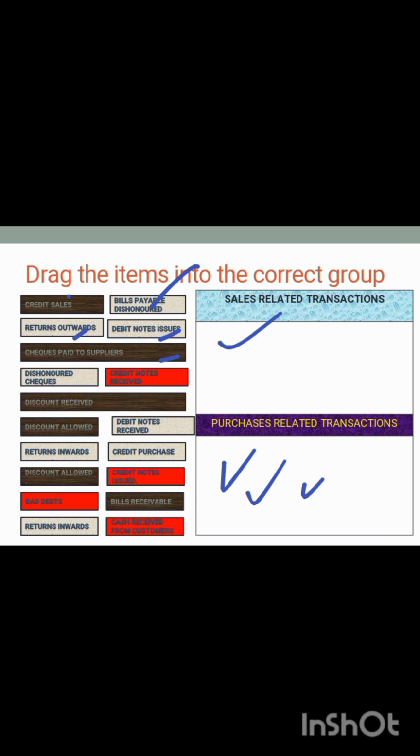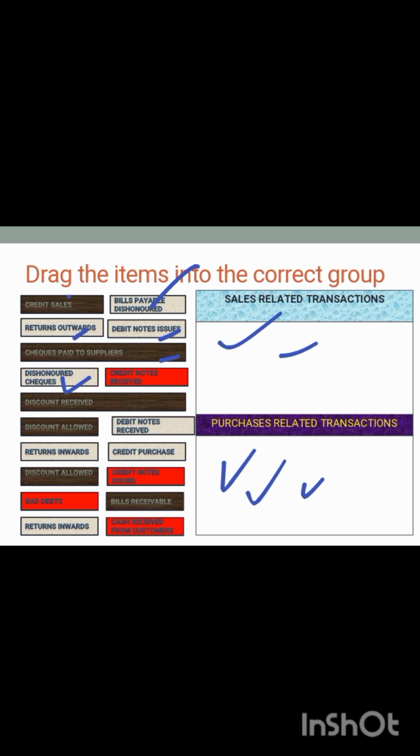Then dishonored cheque. When a cheque is dishonored, this is relating to sales. They pay you by cheque, and you took the cheque to the bank and it was dishonored. So it should be relating to sales. Then credit note received. The words received and issued make the difference for sales and purchases.